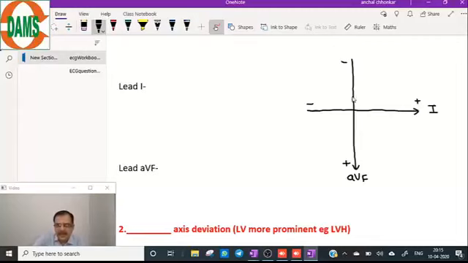So here is the right ventricle. It has become more prominent here.